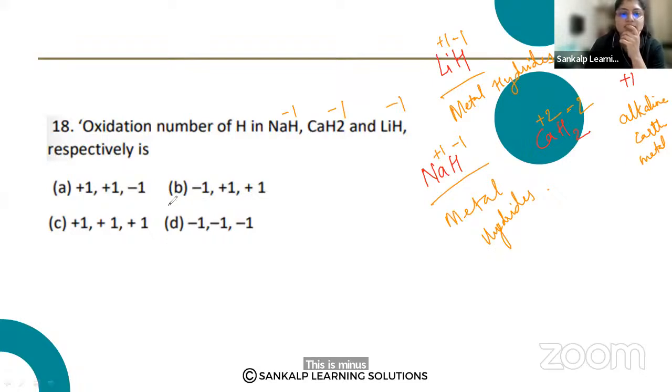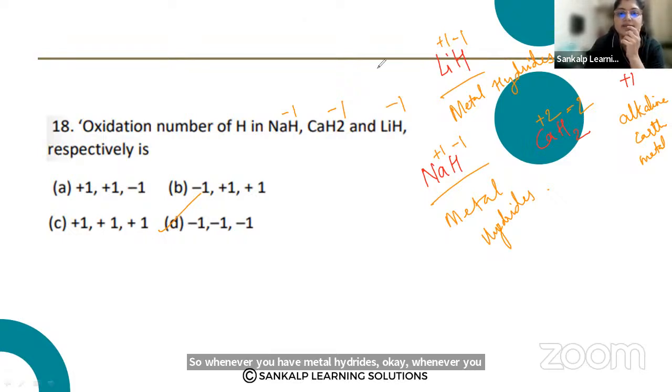Which option is correct? It is option number D. Whenever you have metal hydrides, the oxidation state of hydrogen will be -1. Remember that.